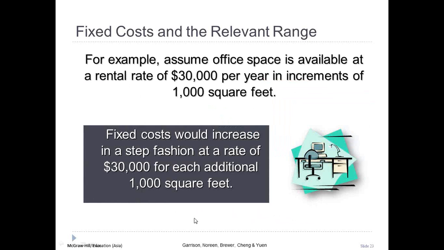So here we see that, let's say in a year, the office space is $30,000, and for every 1,000 square feet, the fixed cost would increase in a step fashion at a rate of $30,000 for each additional 1,000 square feet.